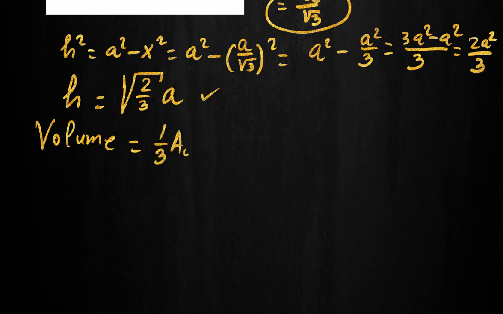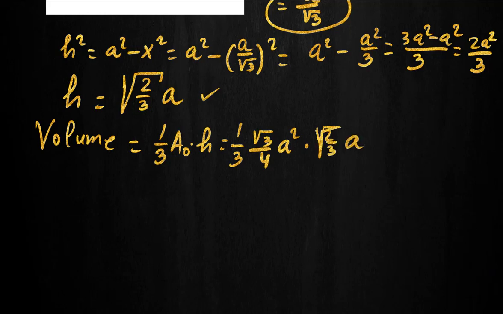So we plug in. So we say it's equal to 1/3 of square root of 3 over 4 times a squared times h, which is equal to square root of 2 over 3 times a. So we make the calculations.